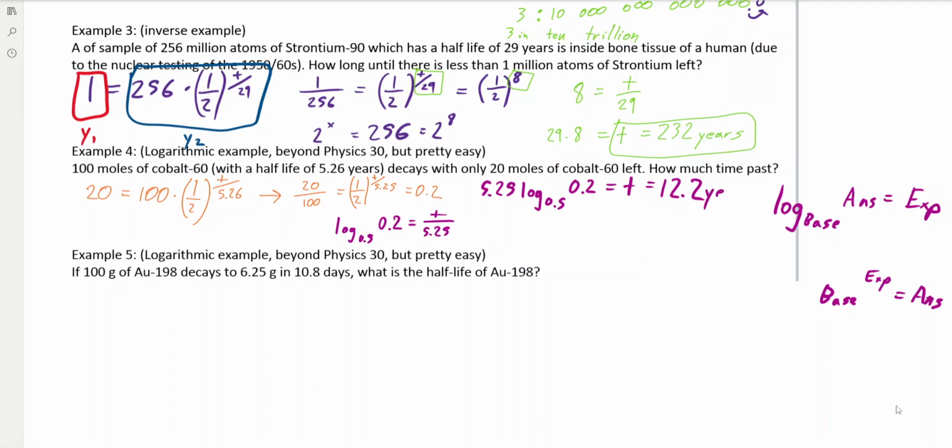And this would be years. I'm just correcting my previous mistakes here. But the correct answer here is 12.2. Now, it looks like we only have 2 sig digs because we have 2 moles, so 12 years.